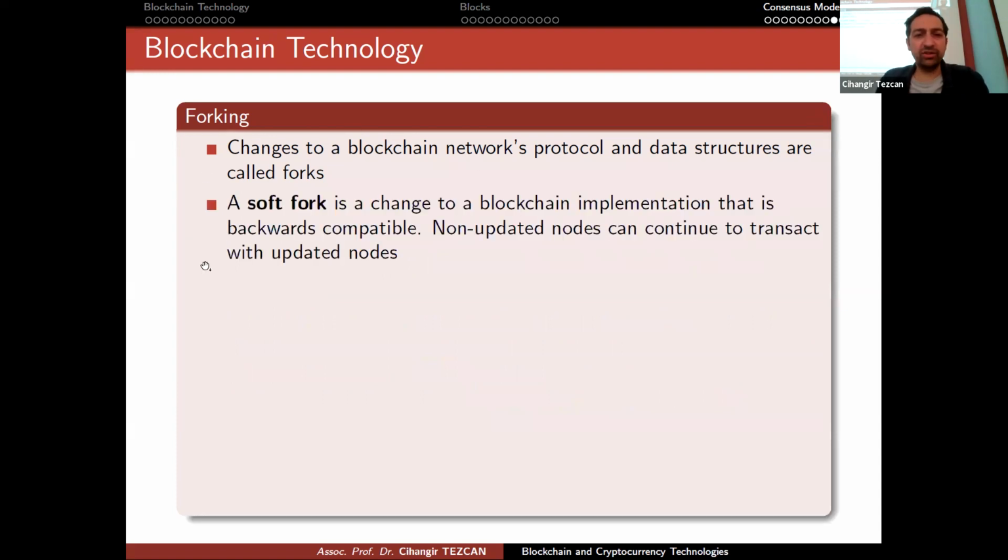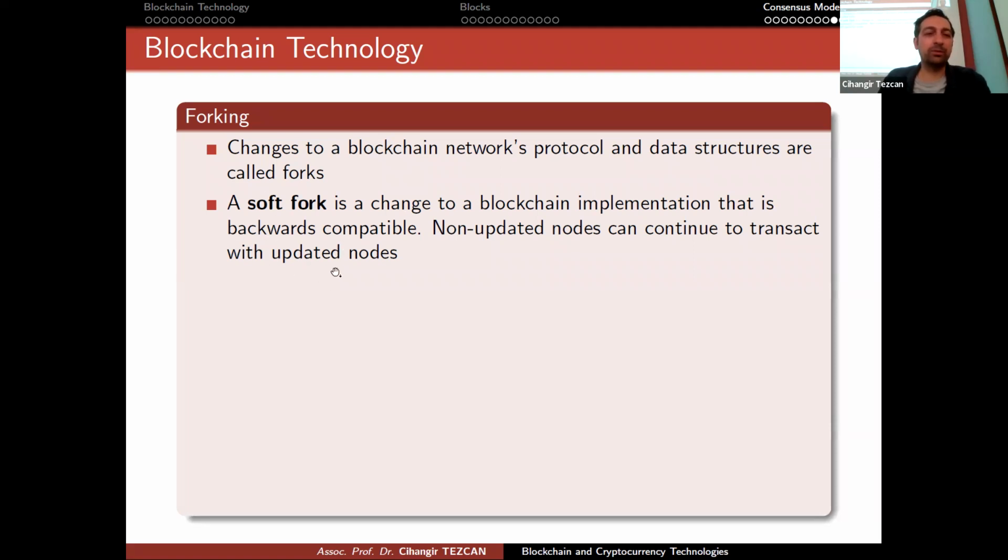A soft fork is a change to a blockchain implementation that is backwards compatible, so non-updated nodes can continue to transact with updated nodes. In Bitcoin, we had many soft forks before. By many, I mean maybe 4 or 5.